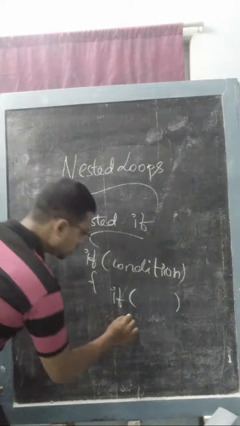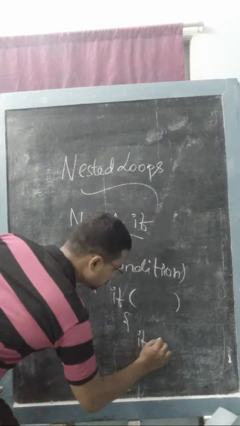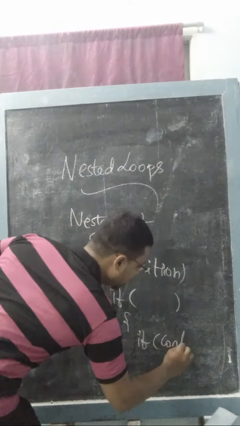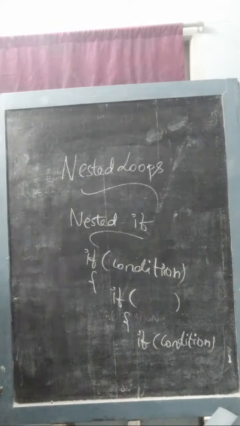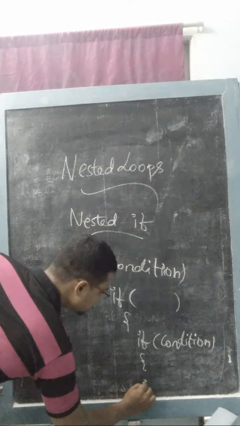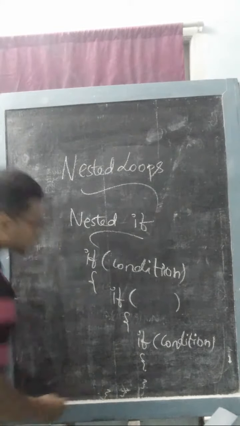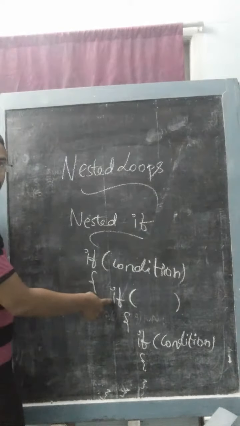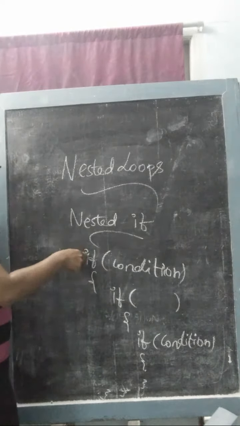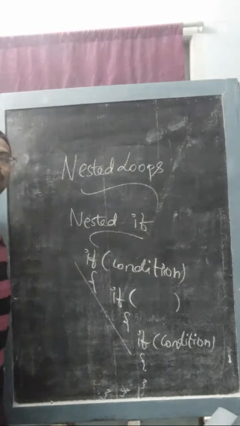In the same way, you can write n number of conditions inside the if statement. So this is called a nested if statement. An if inside another if, and that if inside another if, is called nesting of if.